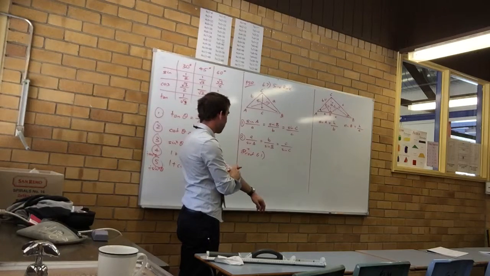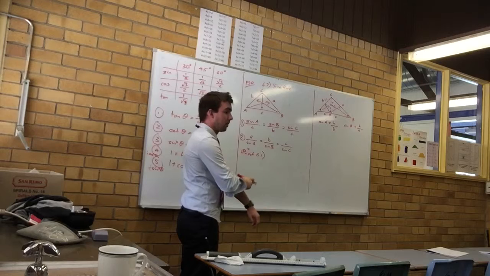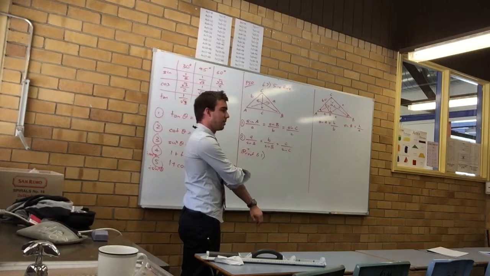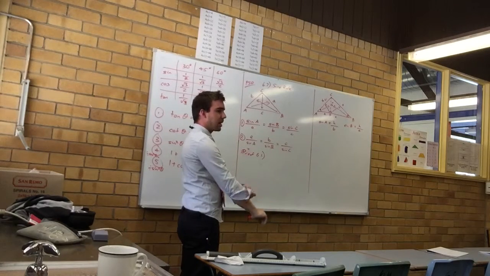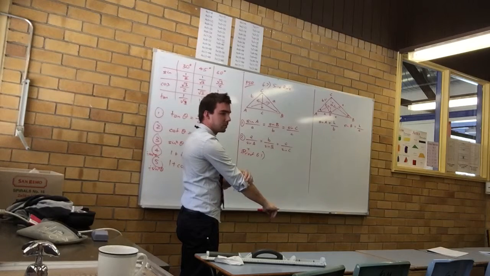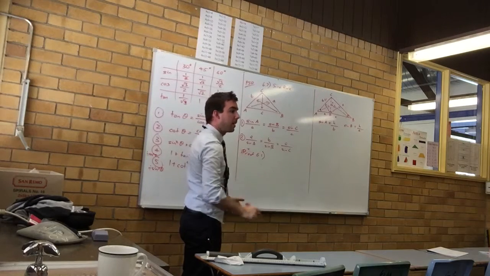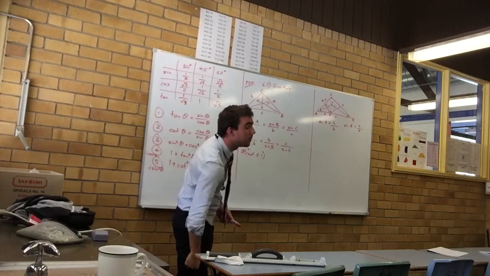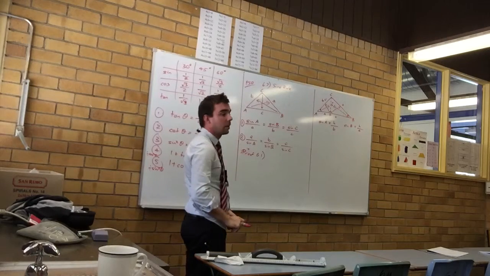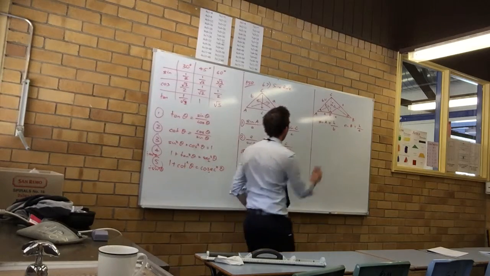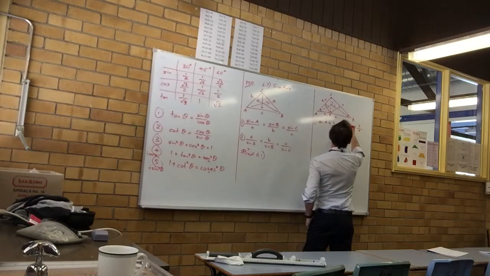Right, can anyone see what I'm going to do next? Goes back to your algebra and equation skills. Well, what's the one thing in common both those equations have? H. Right, so let's make them both subject.